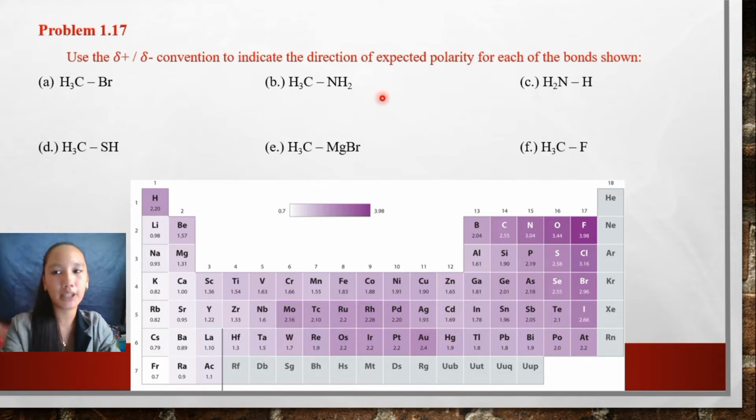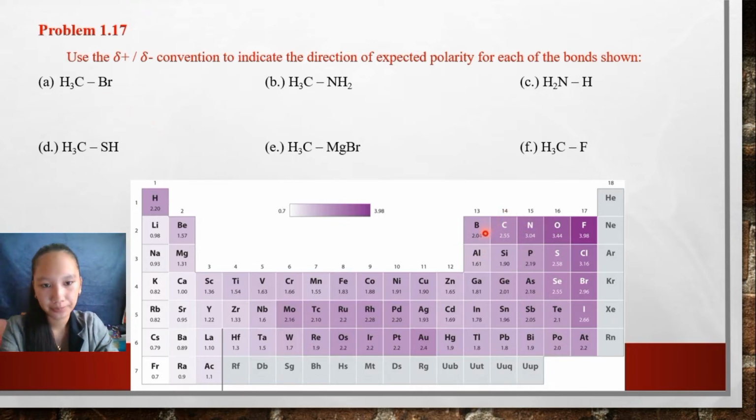Problem 1.17. Use the partially positive or partially negative convention to indicate the direction of expected polarity for each of the bonds shown. Letter A, C and Br. We have here C, and C's electronegativity value is 2.55, and Br's electronegativity is 2.96.